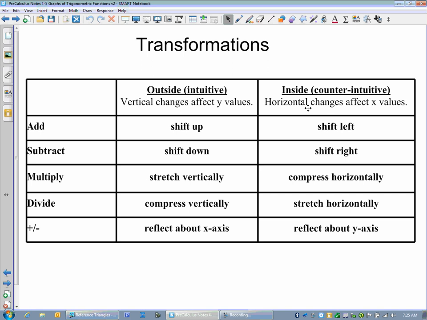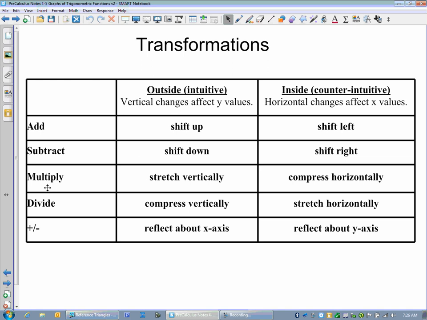Any changes to the equation inside the parent function will affect the graph horizontally, but this is a counterintuitive case. You would expect adding to go to the right normally, and it's the opposite of that. It actually shifts it to the left, where subtraction would actually shift it to the right.